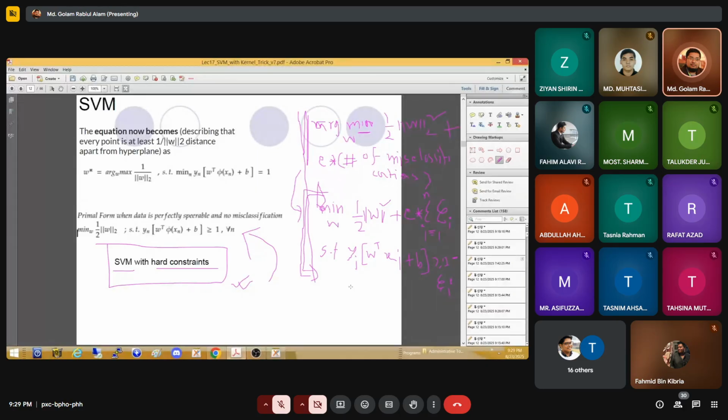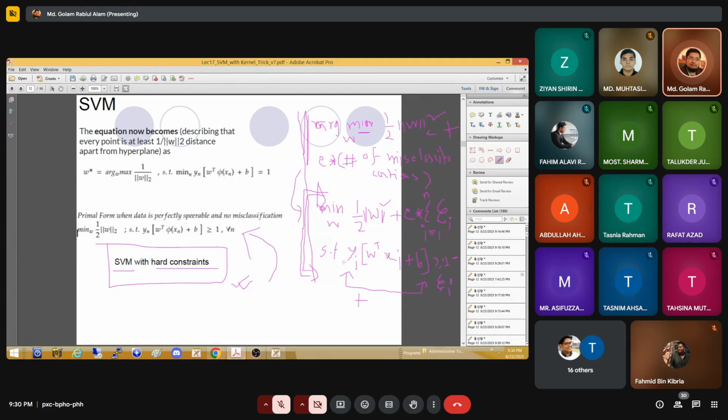So if you can remember, actually this part of this condition or constraint, so yi times w transpose xi plus b is greater than 1. So that means we will get the positive value for the correct classification.